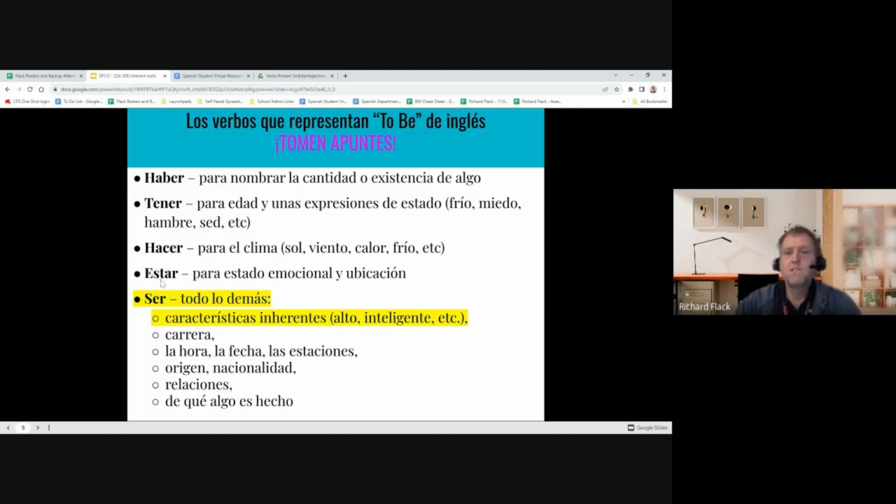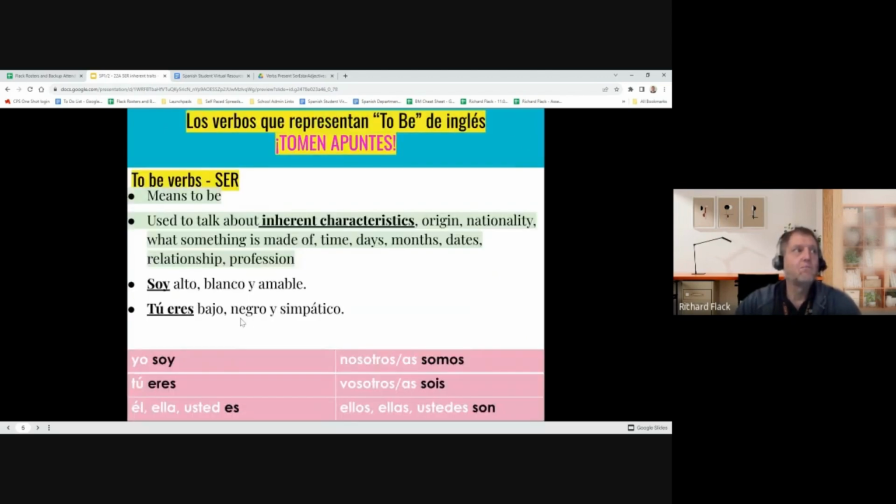Then we have the verb estar, which actually means to be, and we have now the verb ser, which also actually means to be, right? So it can be very confusing at the beginning, which is why we take the time to put this in a separate unit. You just have to memorize which verb goes with which thing that we're trying to express. Today, we are going to be talking about how ser is used to work with inherent characteristics.